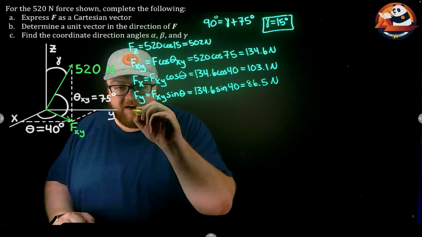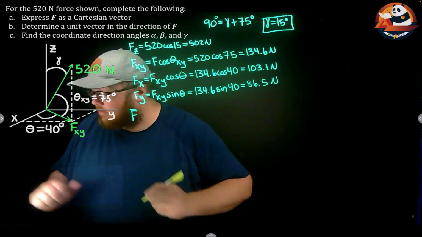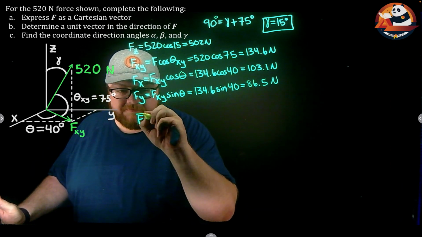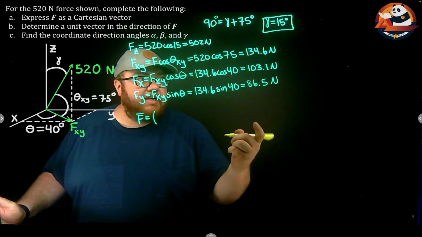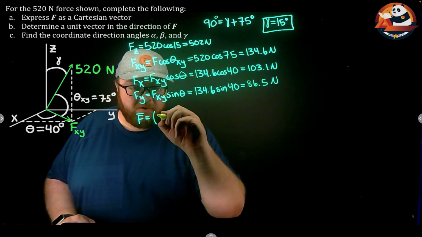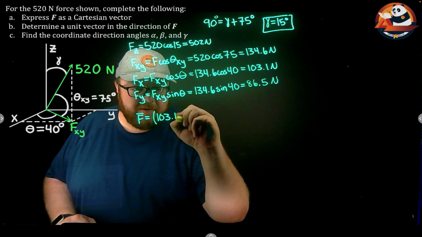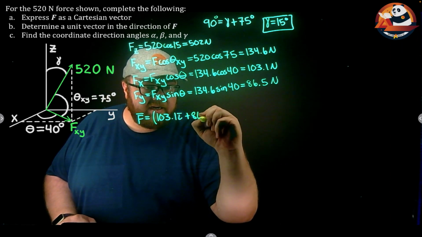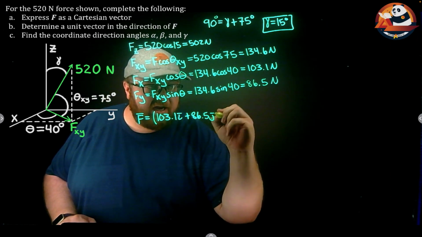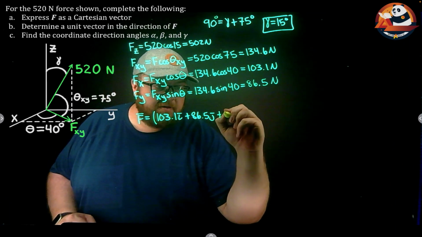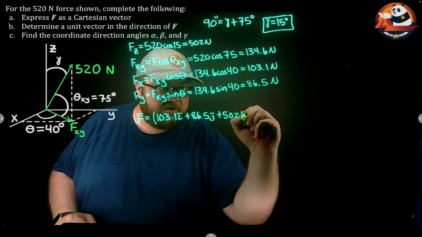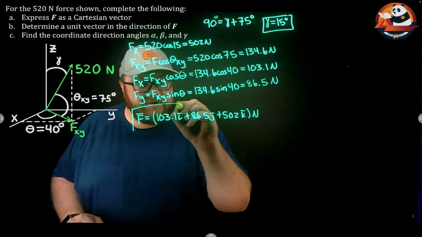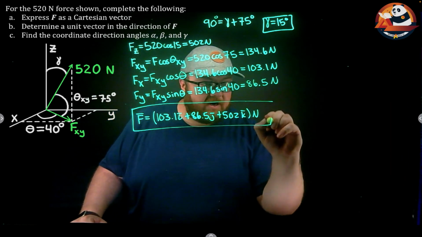F as a Cartesian vector should get me to, we'll have my force as a vector is, I'm going to pull the newtons out, but I need Fx, 103.1 I plus Fy, 86.5 J plus Fz, 502 K newtons, which would be my first answer for our problem.